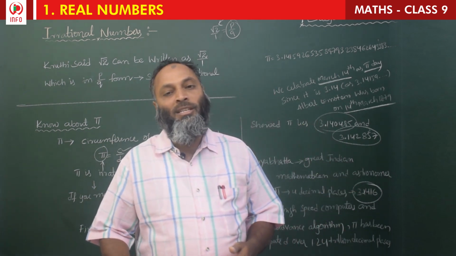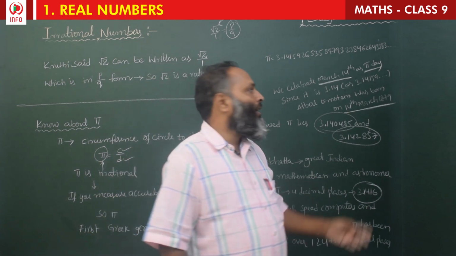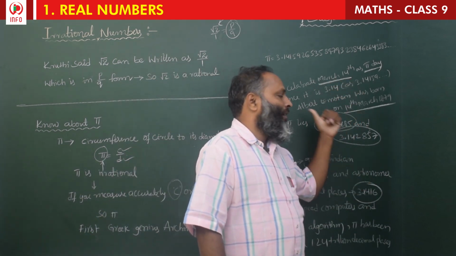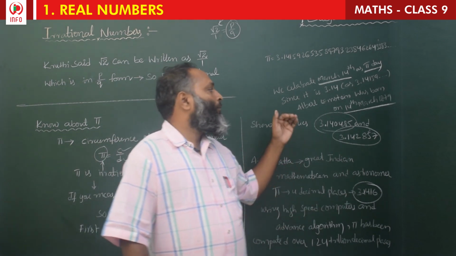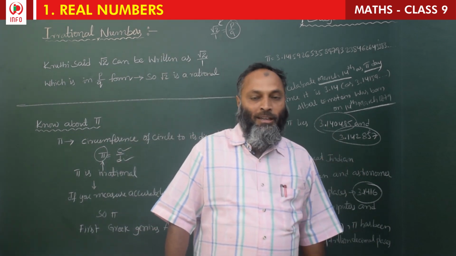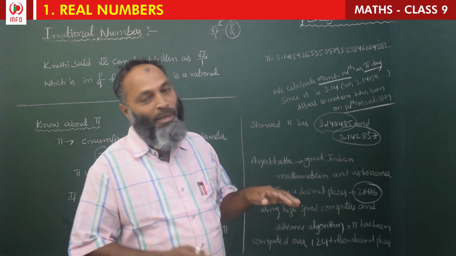Coincidentally it happened. So 14th March is Pi Day, and also Albert Einstein was born on 14th March 1879. This is about our pi history.